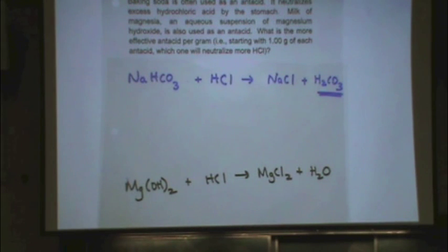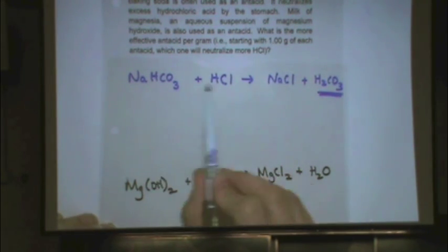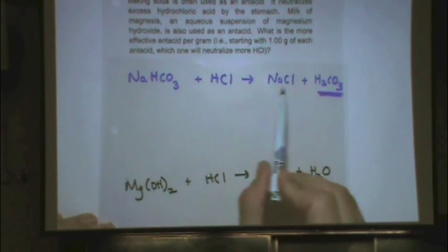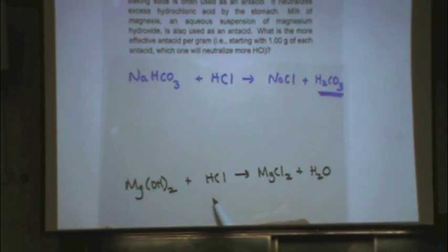Now let's make sure that this is all balanced. Sodiums look good. I think this one's pretty well balanced. Let's look down here. I think we need 2 waters, and we need 2 of those. And that should do it.